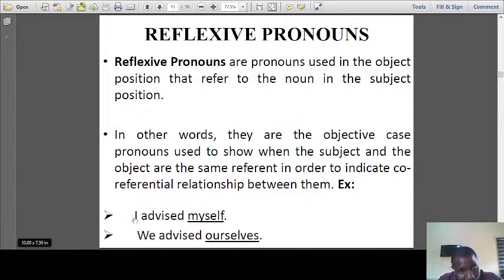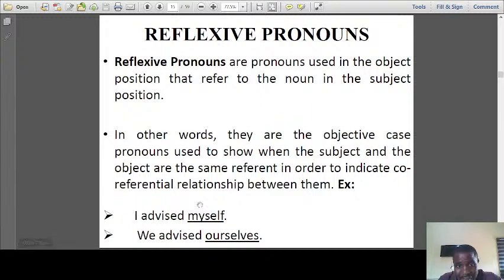So this one is the speaker, and the speaker has already used the pronoun I, and he will not repeat the same I in the object position. It will be wrong to say I advise I. So there should be a pronoun that will reflect, that will say something back to the subject.